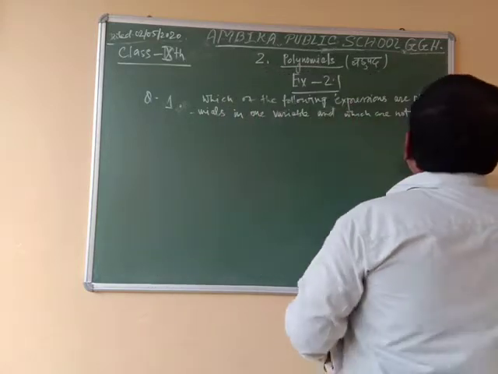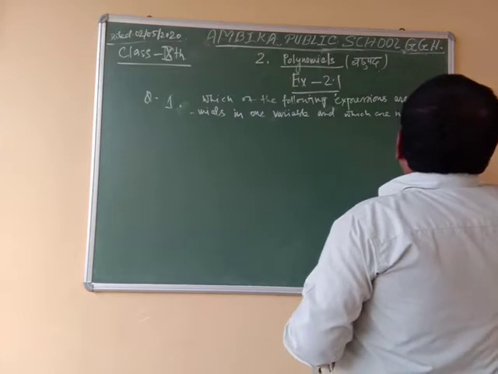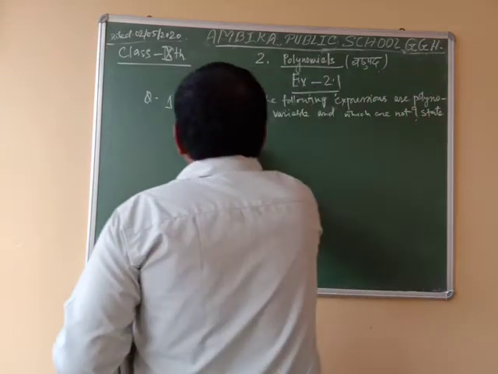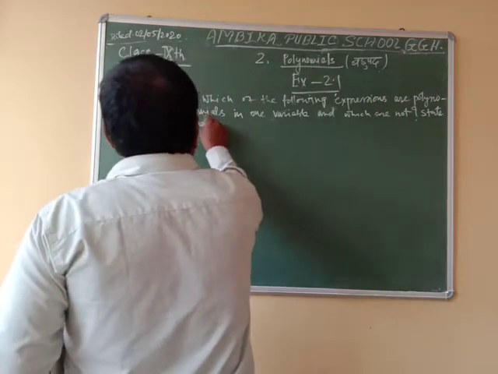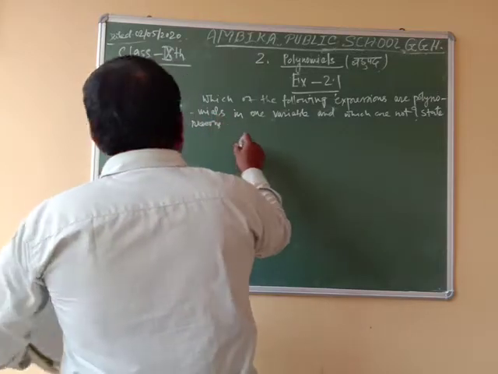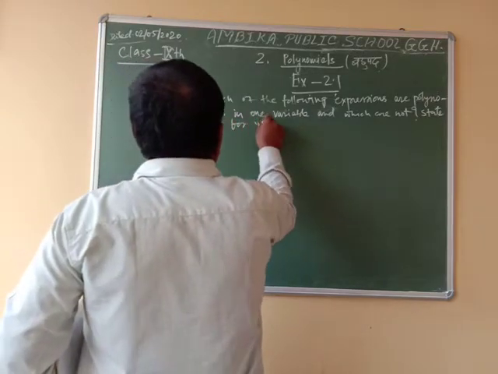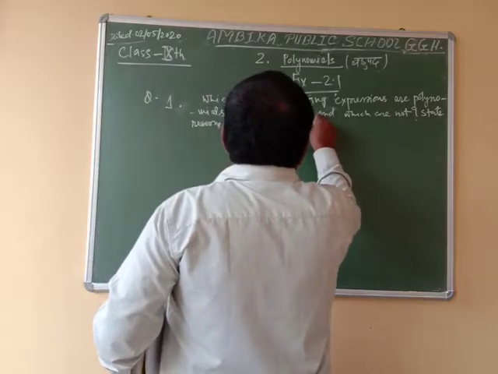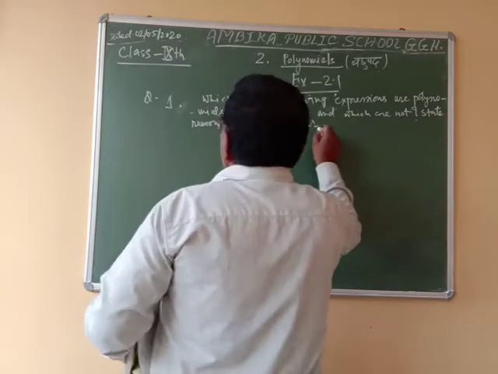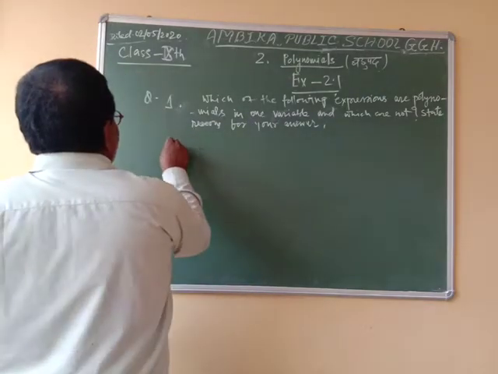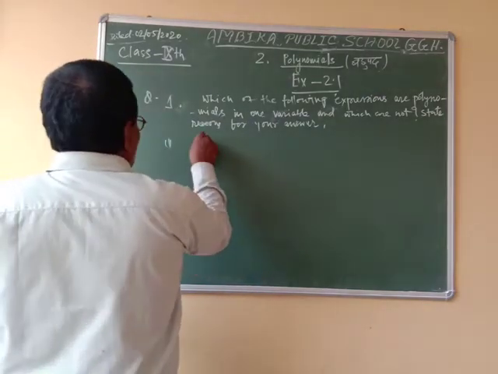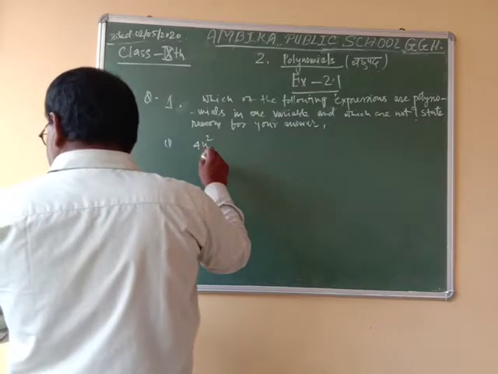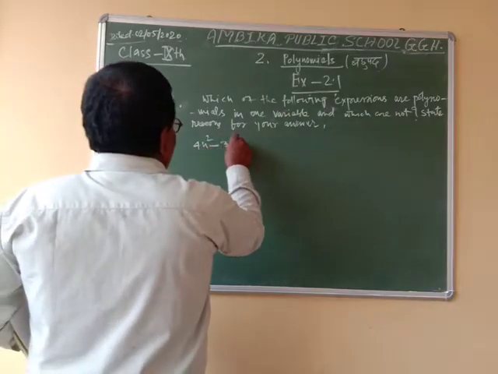State reasons for your answer. First one, 4x square minus 3x plus 7.